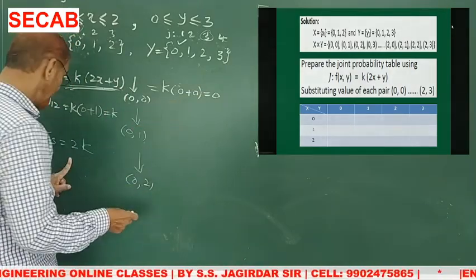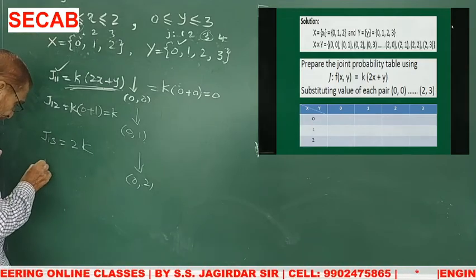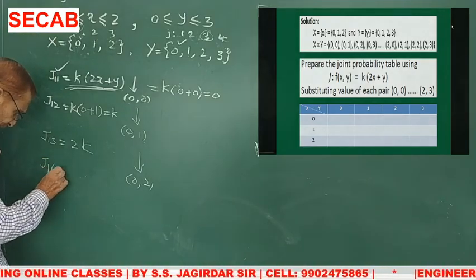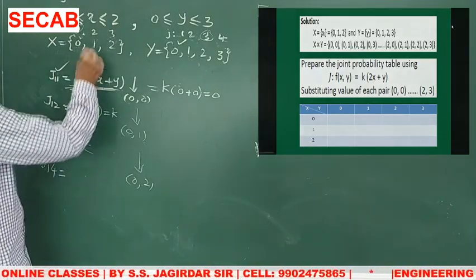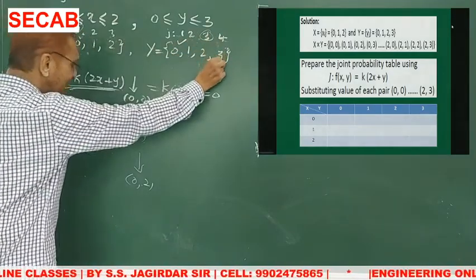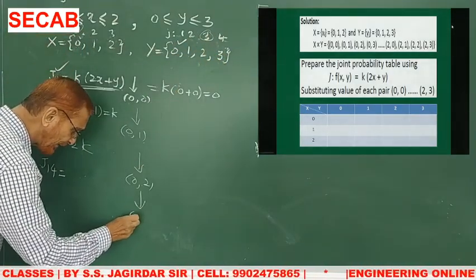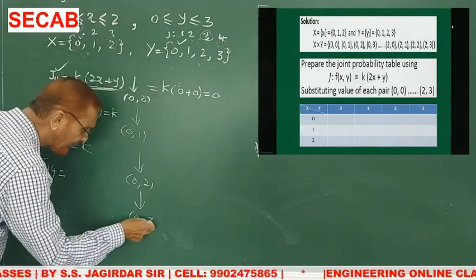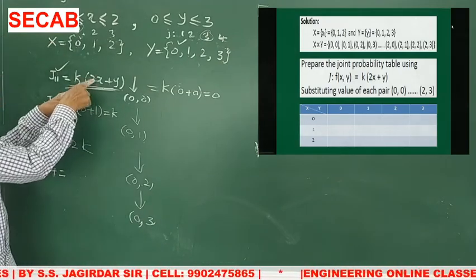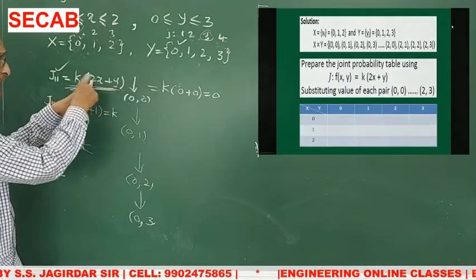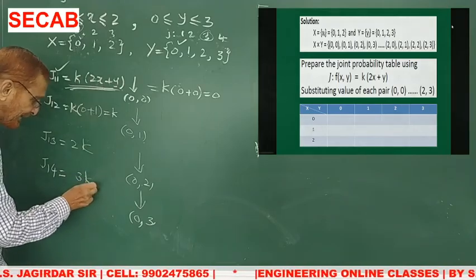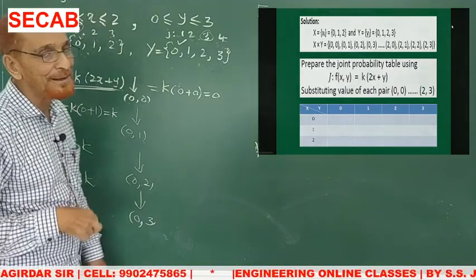And last, that is J14. When you take J14, x is 0, y is 3. So here you have to take the pair 0, 3. When you put 0, 3 in this, 0 is 0, and when you put 3, it is 3k. So the next is 3k.